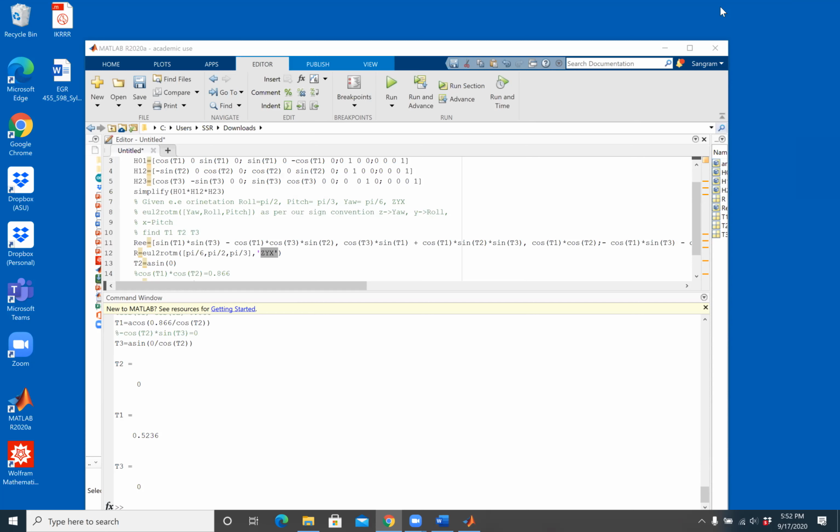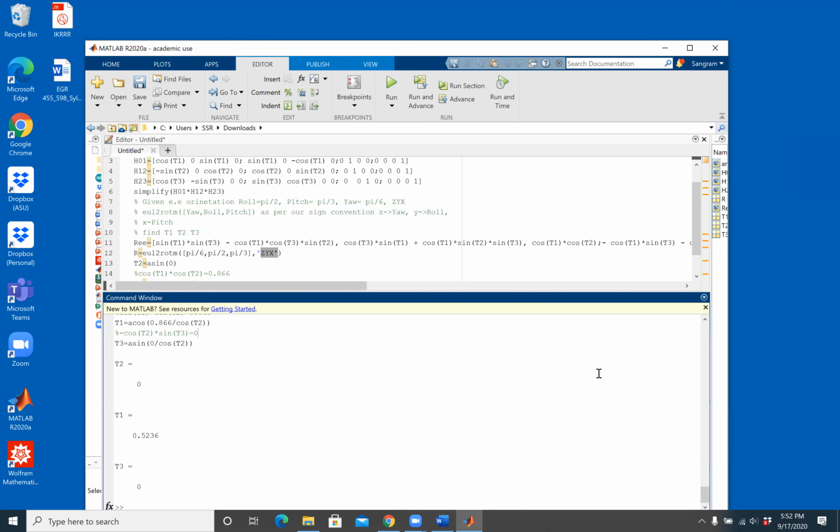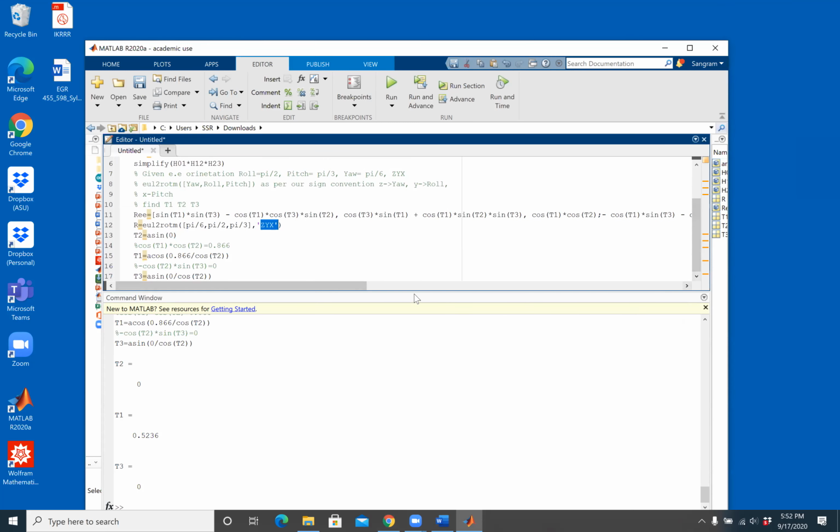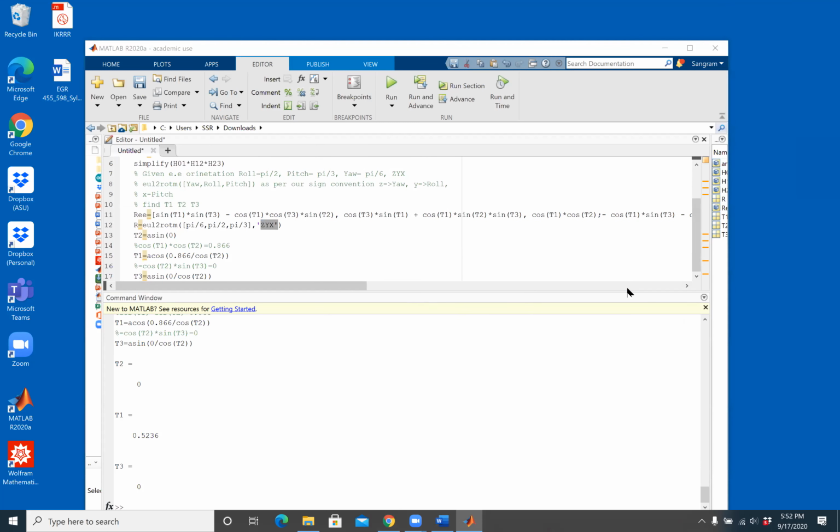Regarding the robotics toolbox, here is the issue. Some coordinate systems are different.